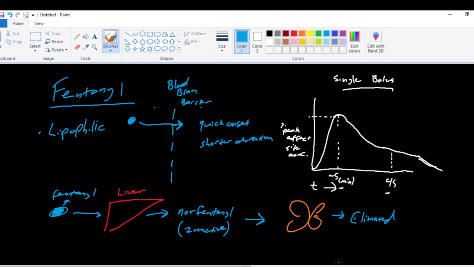And one thing to point out is the elimination of norfentanyl usually takes a while. So norfentanyl is what is detected in urine when they do drug tests or drug screening tests for the presence of fentanyl, just because it takes a while to be eliminated.